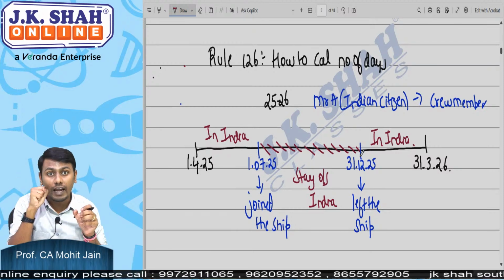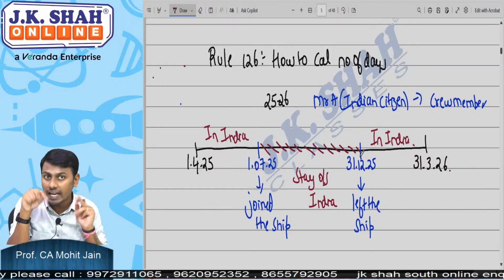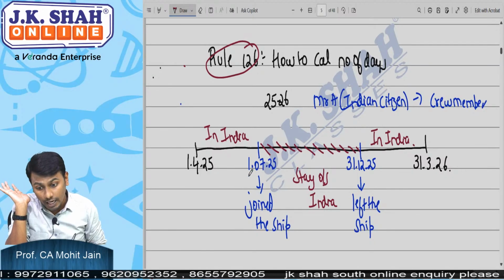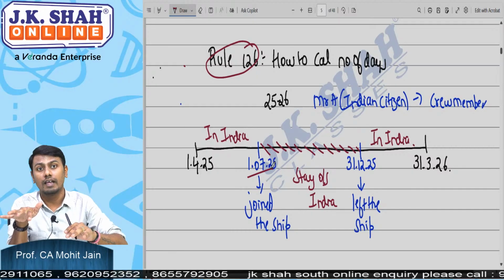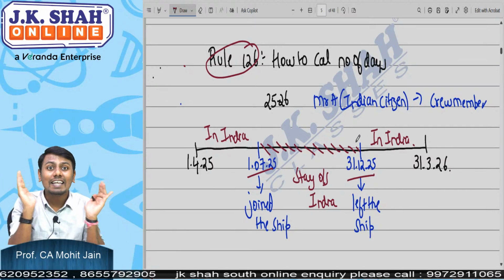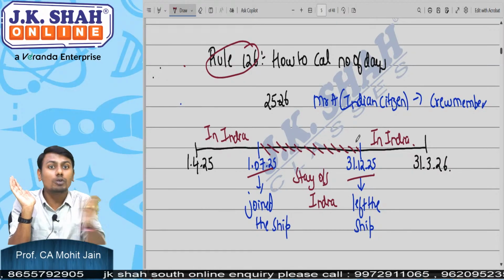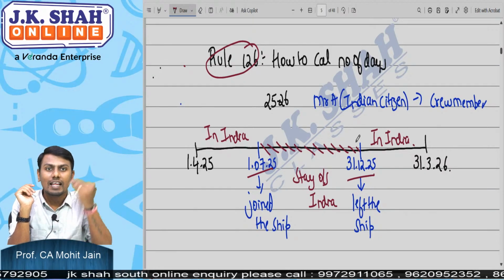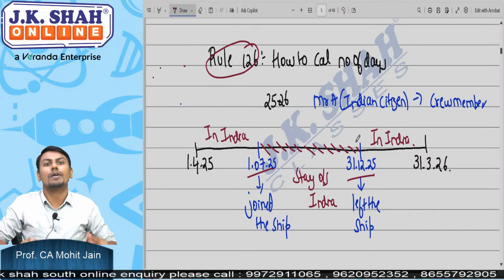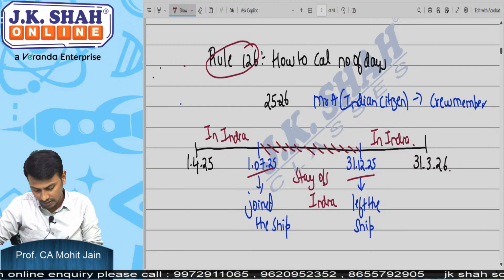The date of arrival and the date of departure, both will be counted as stay in India. But this rule is very clear here. This rule is saying the date you join the ship, till the date you leave the ship, that entire period will be counted as a stay outside India. And the balance period will be counted as a stay in India. That's what your Rule 126 says. I said it's very common sense. Here, what is this rule saying?